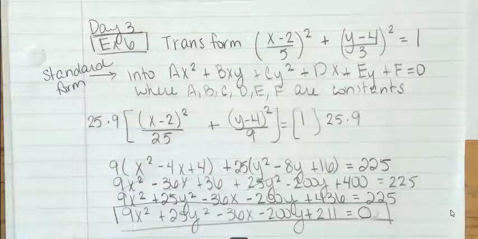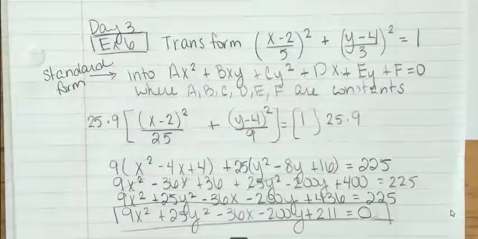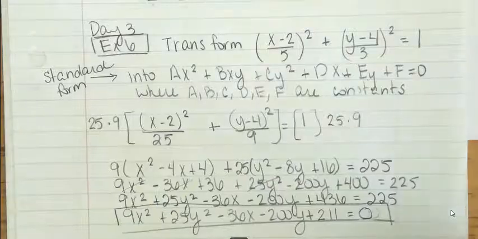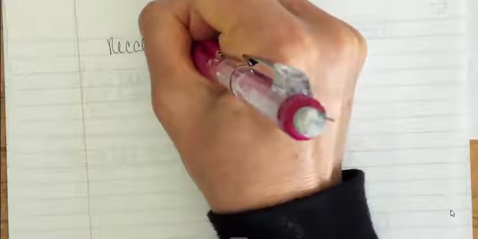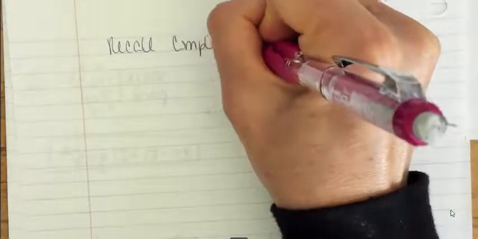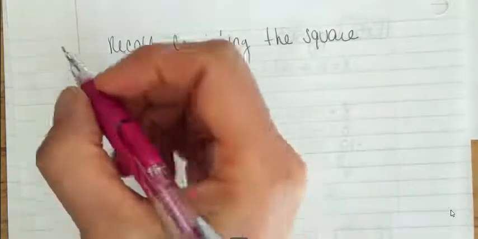Okay, moving on, we're going to do a little bit of review from Algebra 2. Well, actually, probably even from Algebra 1. But you may not remember it so much. So we're going to talk about completing the square. So recall completing the square. I'm going to do two examples of completing the square.